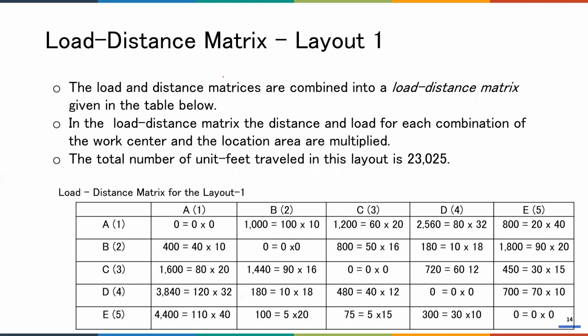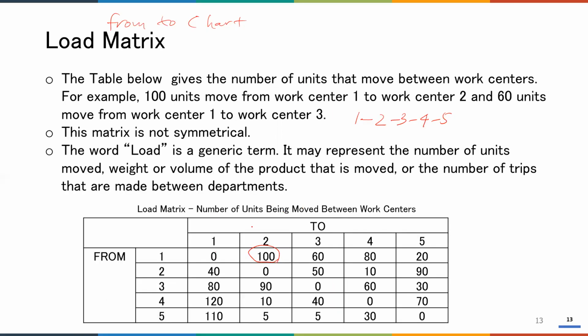So from there, we develop the load distance matrix by basically just multiplying the distance matrix and the load matrix. You need to pay attention to this, because the location order of the from-to load matrix and the load distance matrix should be the same as how we assigned it.